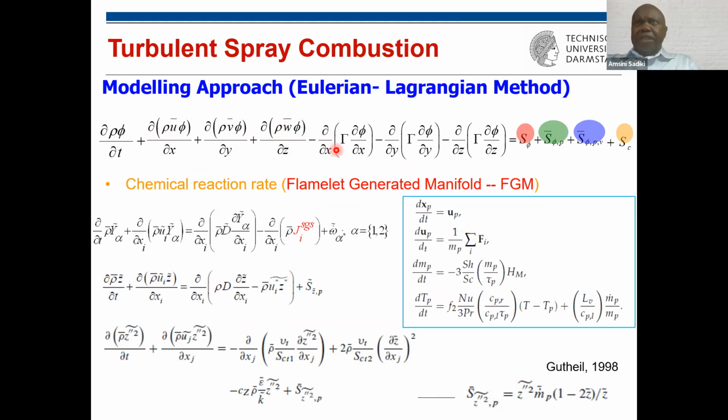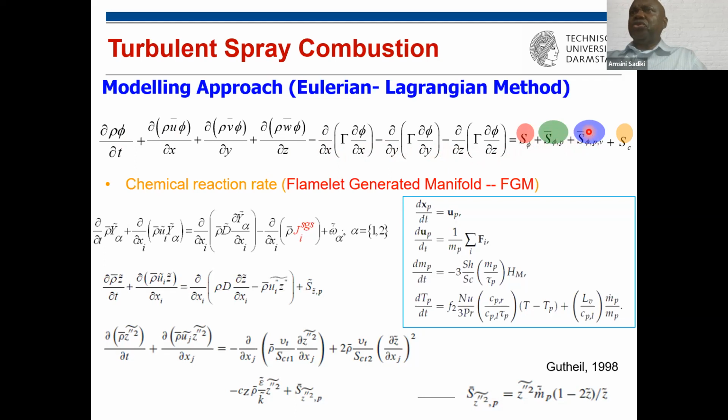Here we have the classical generic transport equation. As we have seen before, we have the source term due to non-convective diffusion. We have the source term due to the presence of particles without changing phase.